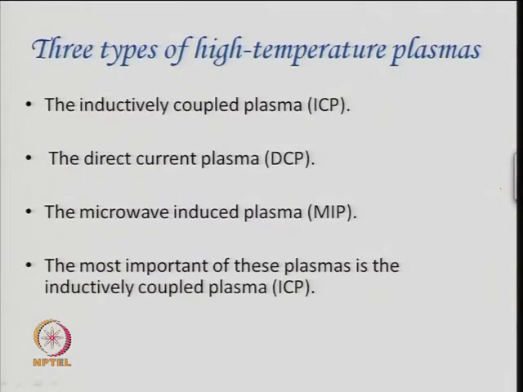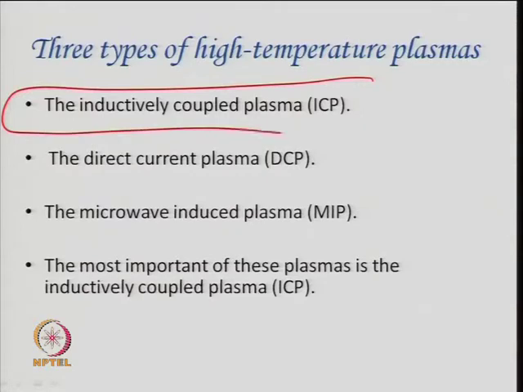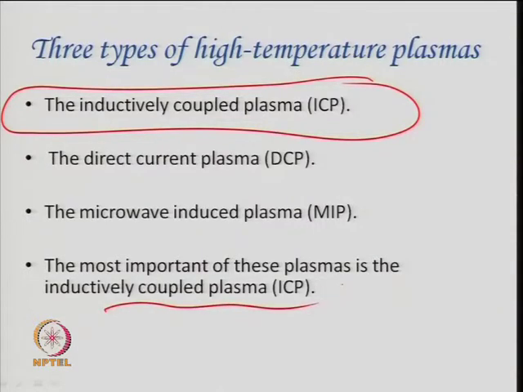There can be different types of high temperature plasmas. One is the inductively coupled plasma, a widely used method for characterization. The principle is what we have discussed. The second is direct current plasma, then microwave induced plasma, and the most important of these is the ICP method, sometimes ICP AES, atomic emission spectrometer.